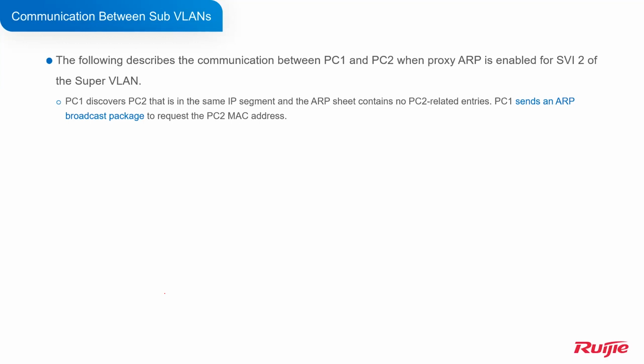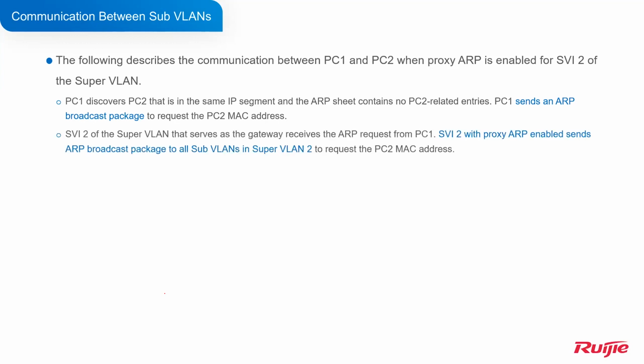PC1 sends an ARP broadcast packet to request PC2's MAC address. SVI2 of the Super VLAN, which serves as the gateway, receives the ARP request from PC1. SVI2 is proxy ARP enabled, so it sends an ARP broadcast packet to all sub-VLANs in Super VLAN 2 and requests PC2's MAC address.